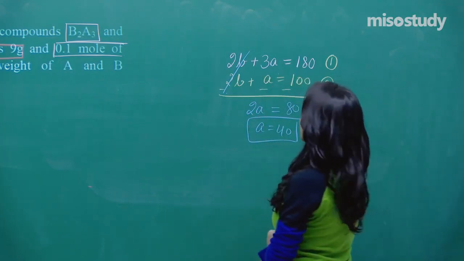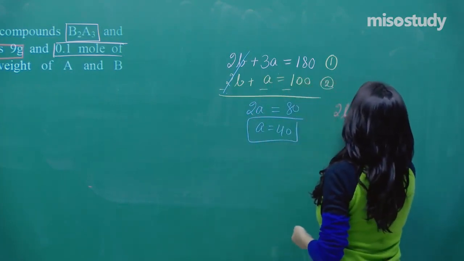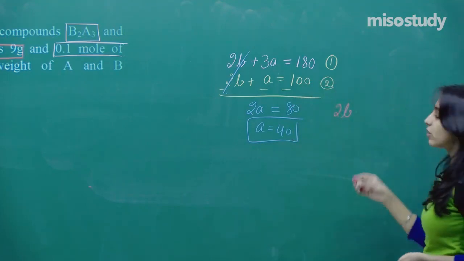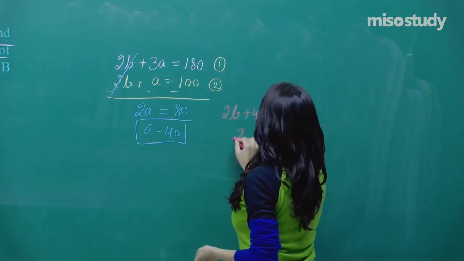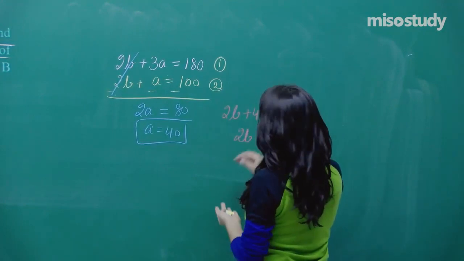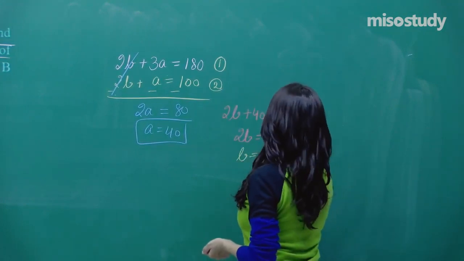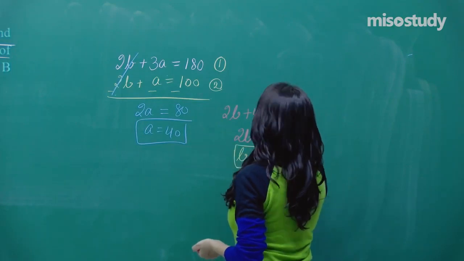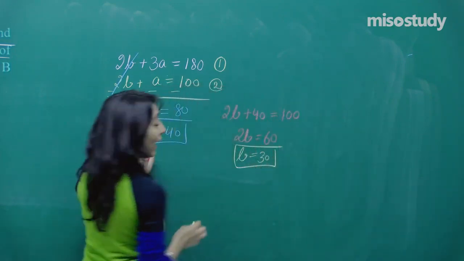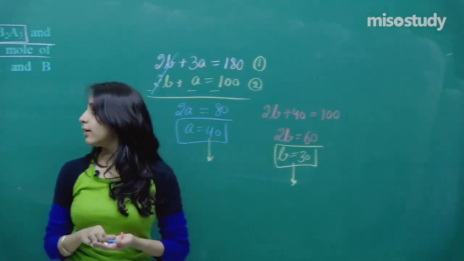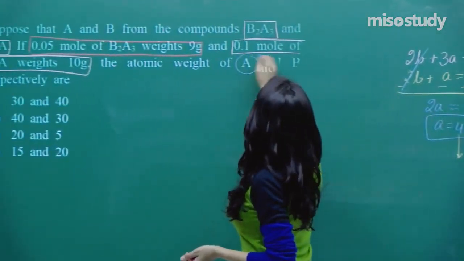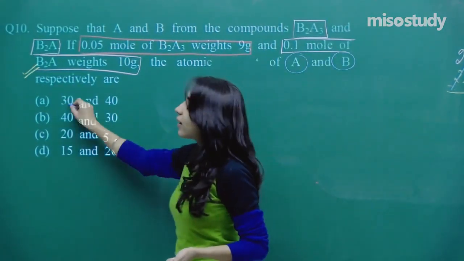And if A is 40, you can simply substitute it in the second equation. 2B plus 40 is equal to 100. 2B is equal to 60 and B is equal to 30. So the option should be A 40, B 30. Let's see. The atomic weight of A and B, 30, 40.